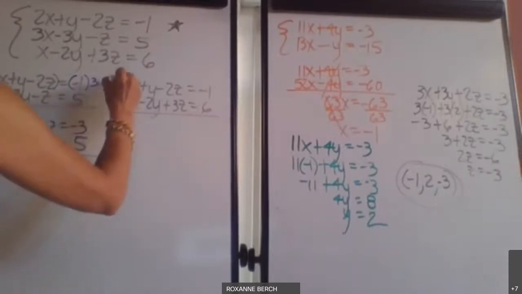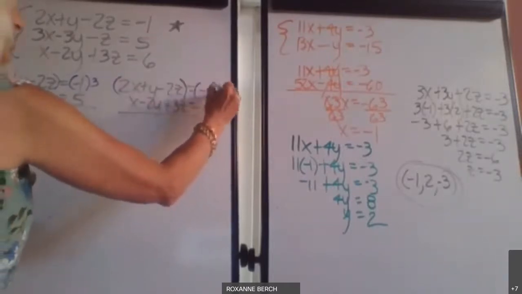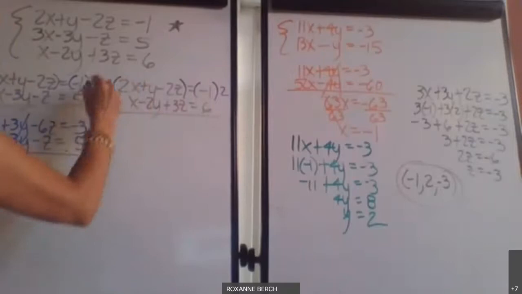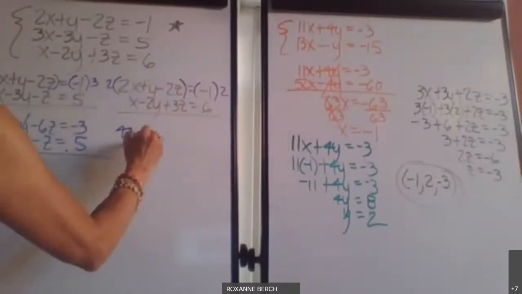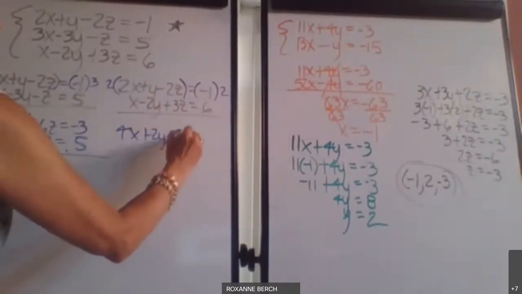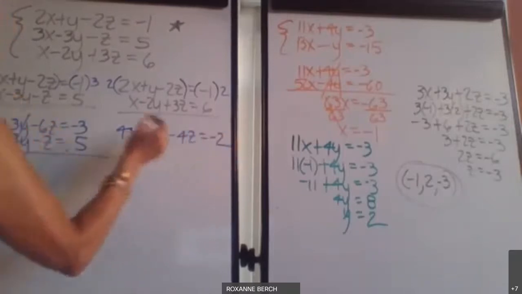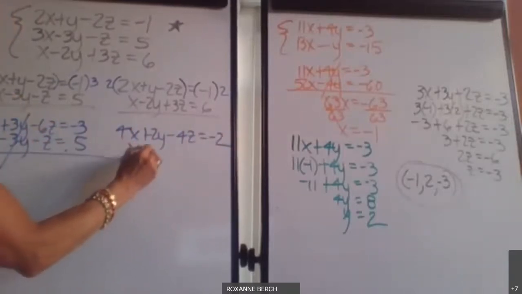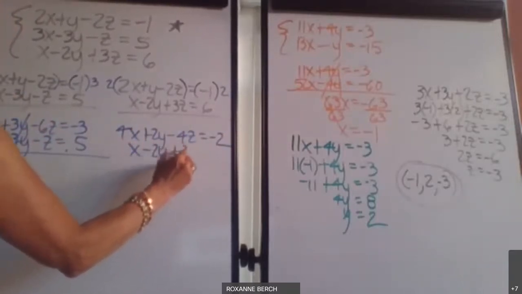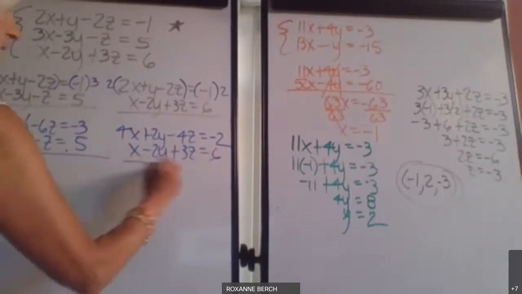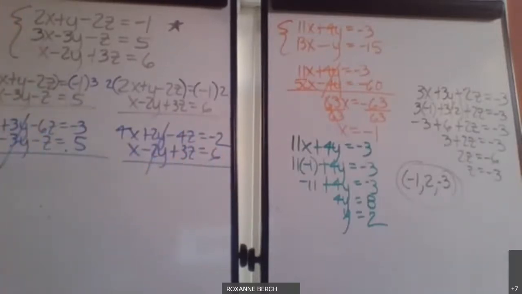In this one, if I multiply the top by 2, when you distribute, you get 4x plus 2y minus 4z equals -2 and leave the bottom alone. So see how the y's are going to go away? Yes or no?